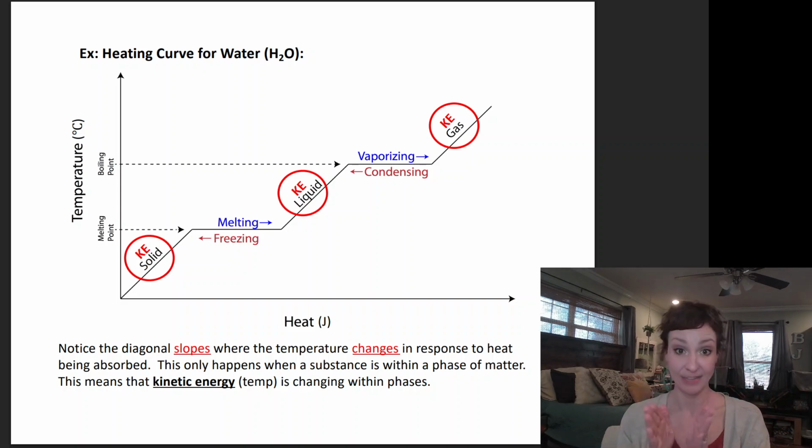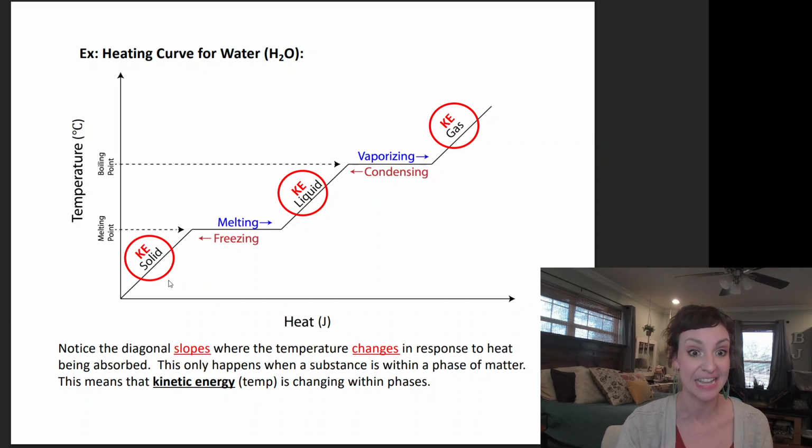If I'm a solid, a liquid, or a gas and not going through a phase change, this means that kinetic energy is the thing that is changing within my phases. I can actually visually see this on a graph. We know that temperature is the measure of the average kinetic energy of a substance, right? Well, the only places on this graph where I see temperature changing, meaning something is going up in the vertical direction, is on these slopity slopes, right?